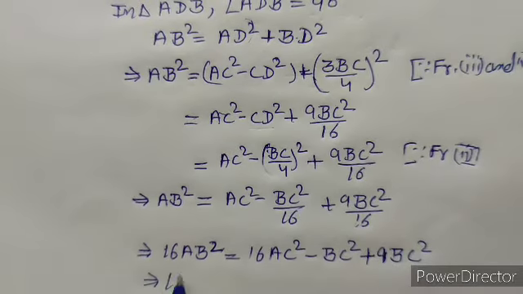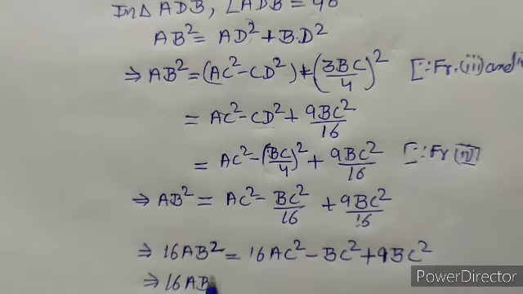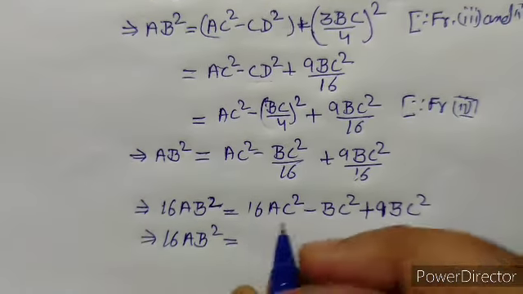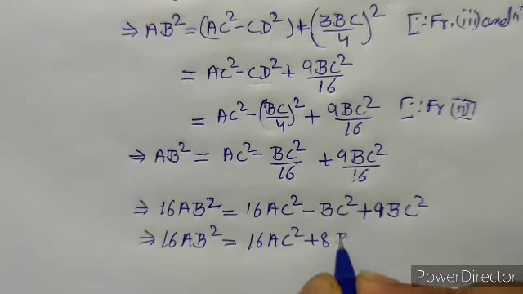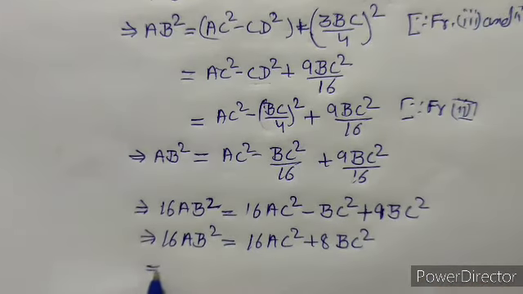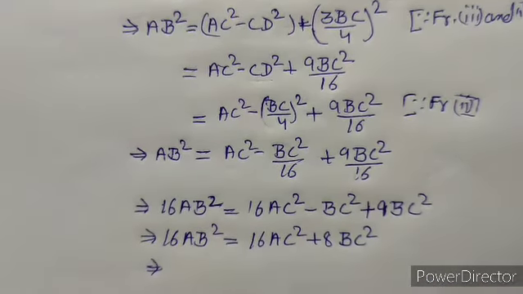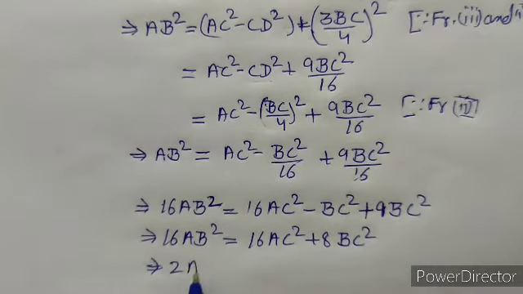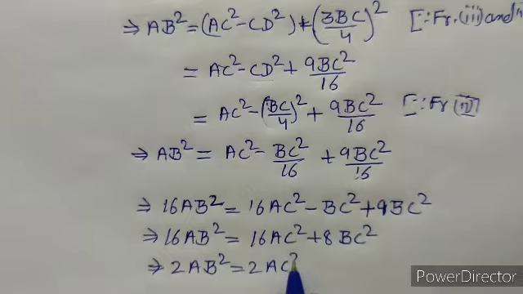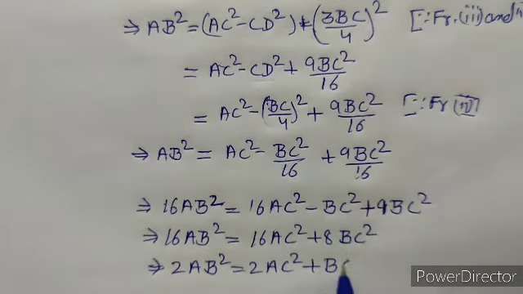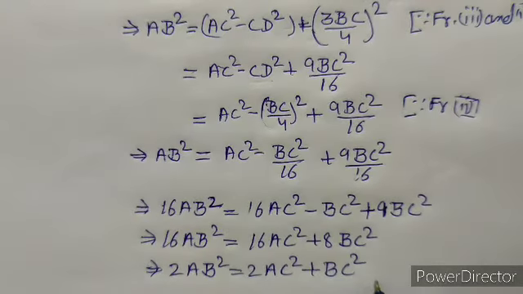Now this will be 16 AB square equal to 16 AC square plus 8 BC square. Now on dividing all the terms by 8, we will get 2 AB square equal to 2 AC square plus BC square, which we had to prove.